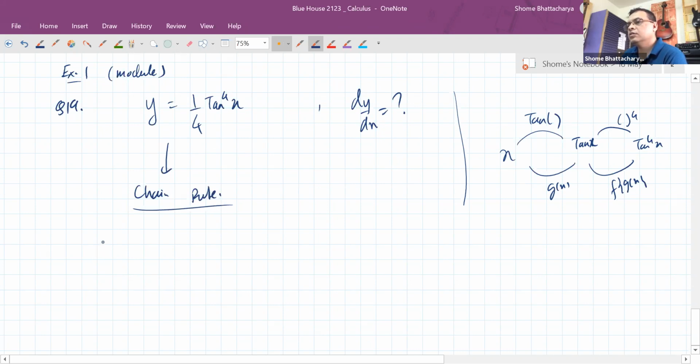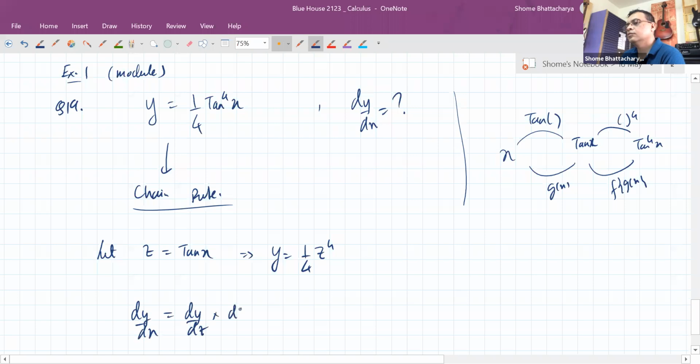So take z as tan x. So y will become 1/4 z to the power 4. And now just use chain rule. Okay, so try to complete this yourself. Use these steps, complete it and verify the answer if you can.